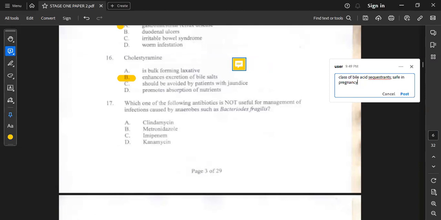Not to forget the fibric acid derivatives like fenofibrate. Anyone else wants to add anything?